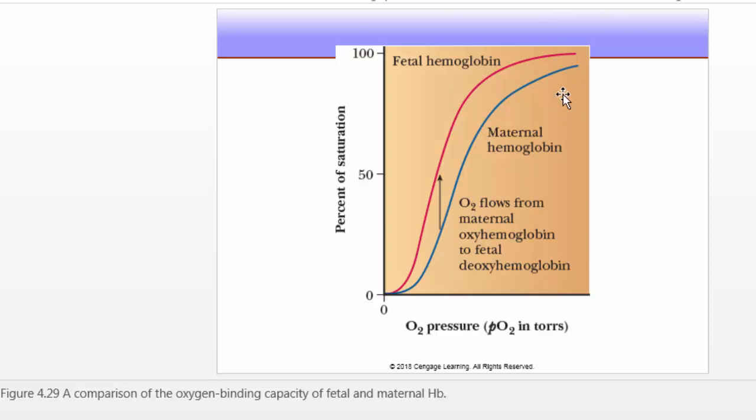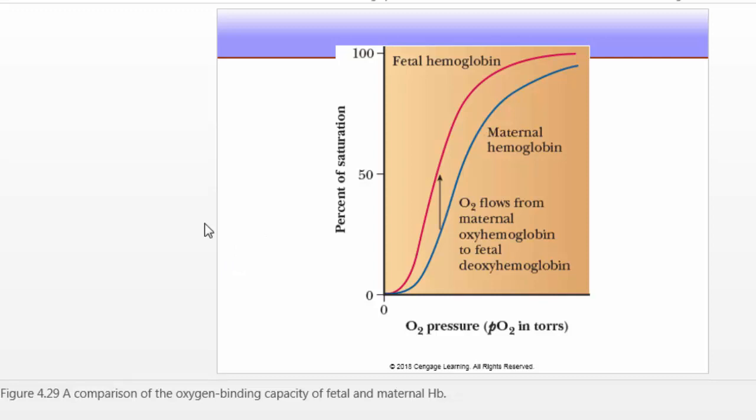Here, in blue, this is the adult or maternal hemoglobin, and in red, the fetal hemoglobin. You see here O2 flows from maternal oxygenated hemoglobin to fetal deoxygenated hemoglobin. So you see P50 decreases, which means fetal hemoglobin has higher affinity for oxygen than its mother's.